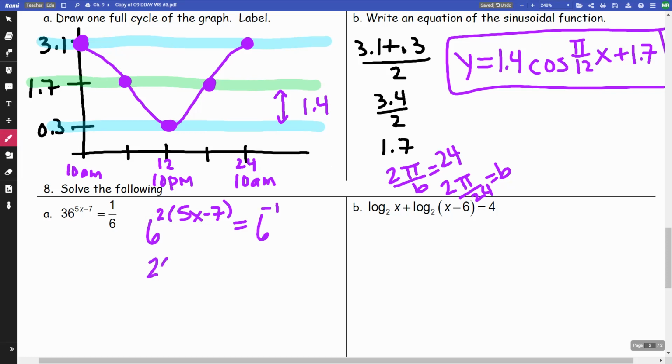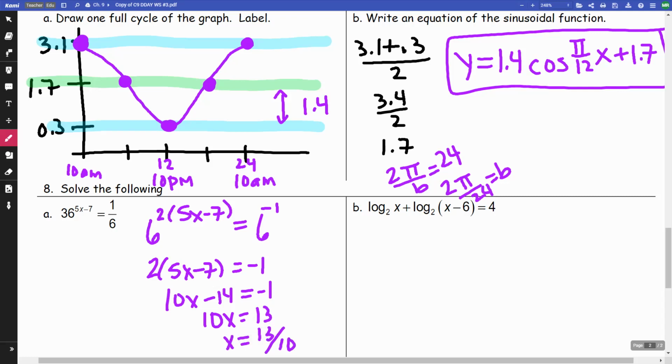So basically my exponent 2 times 5x minus 7 is going to equal -1. So I get 10x minus 14 is equal to -1. 10x equals 13. So x is equal to 13 over 10 or 1.3. And that's our answer.